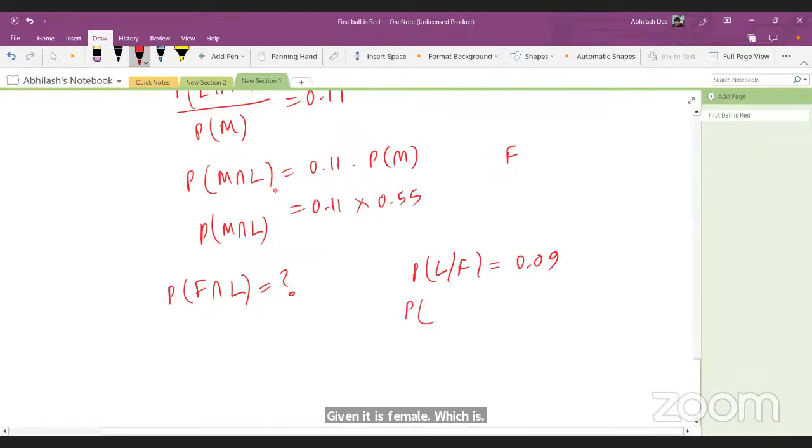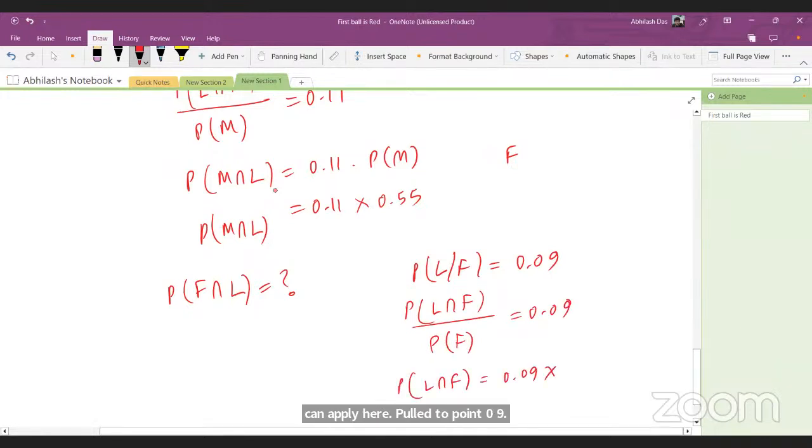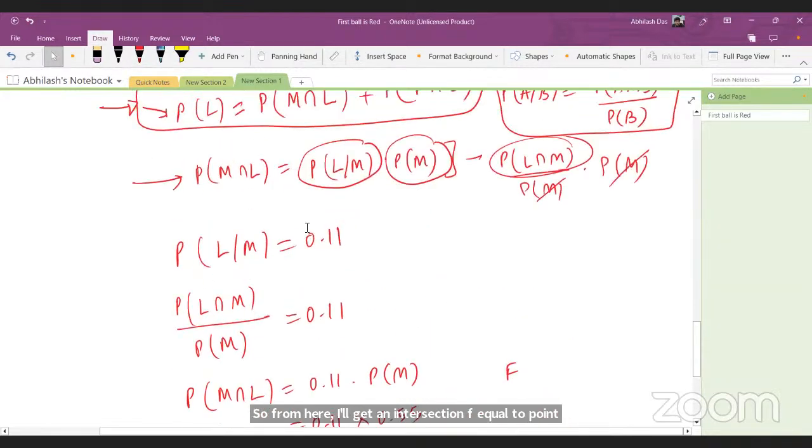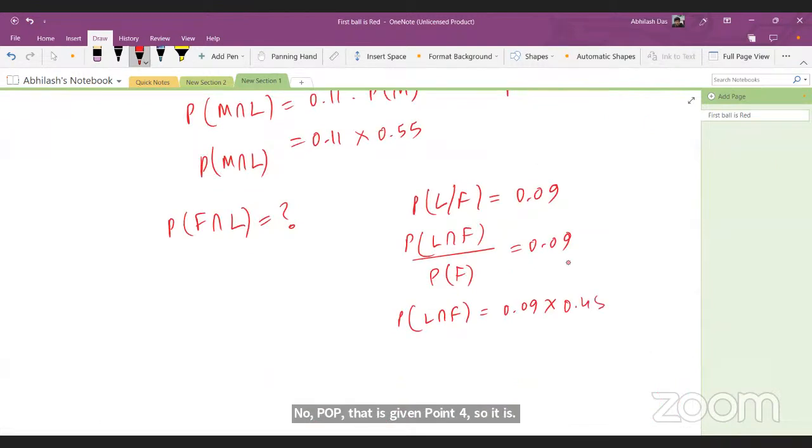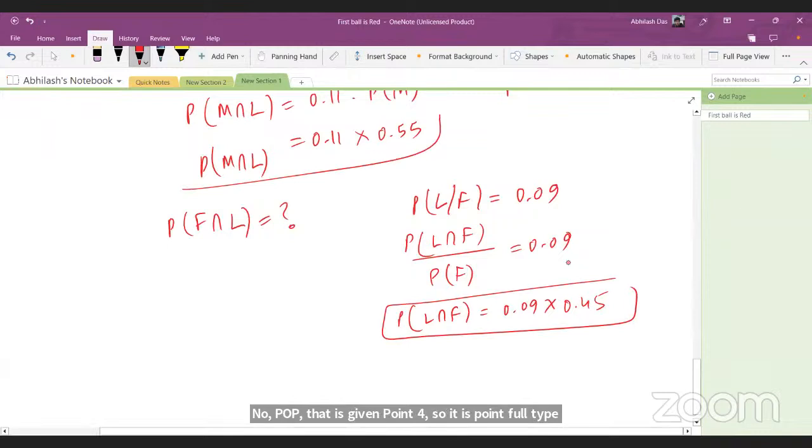So the same thing I can apply here. P of L intersection F upon P of F equal to 0.09. So from here, I'll get L intersection F equal to 0.09 times P of F. Now P of F is given to us, right? 0.45. So this we know, and this also we know, right?